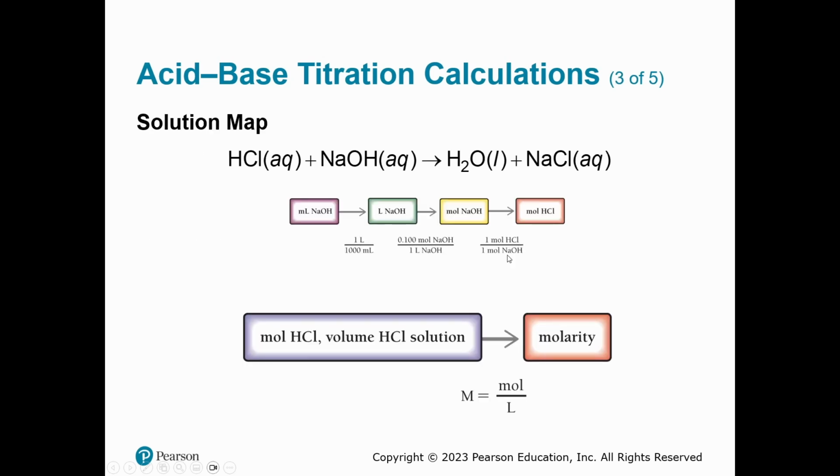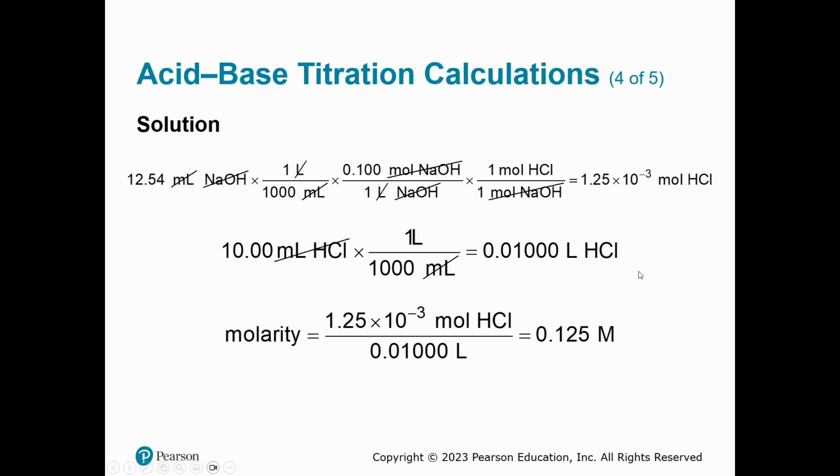Once we have our balanced chemical reaction, we want to think about what conversion factors we're going to use to get from point A to point B. We want to start by converting our milliliters into liters so that we can then use our molarity. Molarity is moles per liter. And so ultimately we want to get to moles because we can convert from moles of base to moles of acid using our mole ratios, which is just 1-to-1.